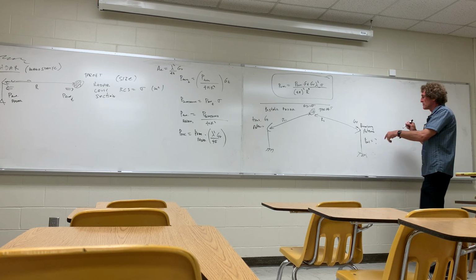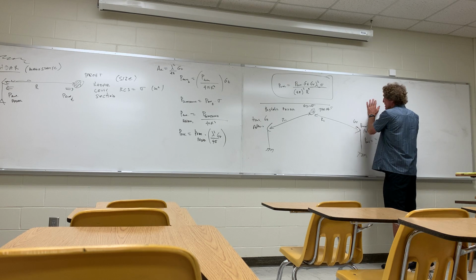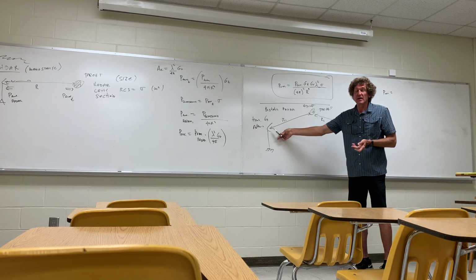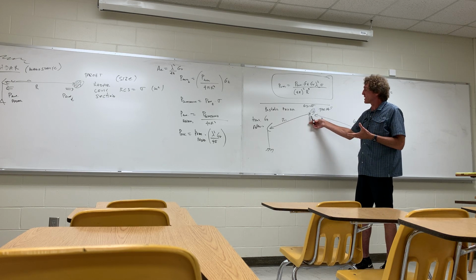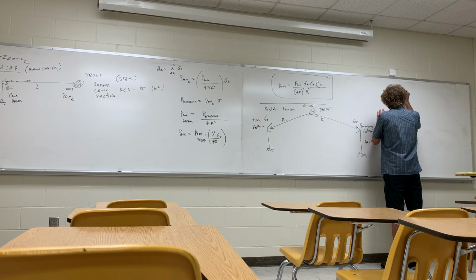So now for this one, when we take a look at P receive, I always start here, start at the transmit antenna. If there is no focusing ability, find the amount of power density at the target. So it's always going to be a transmitted power over 4 pi R squared, and this would be R1 squared. Y'all follow me?